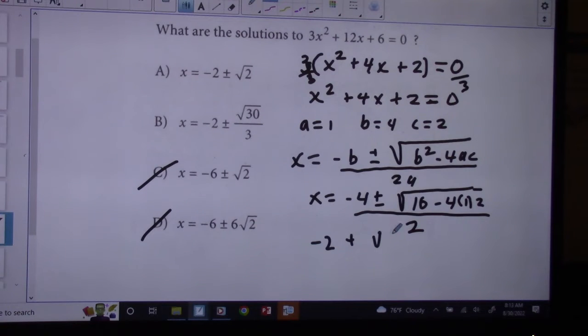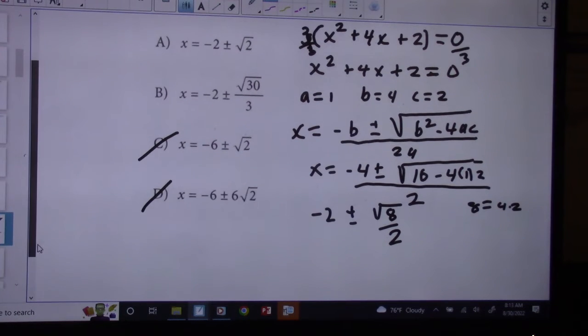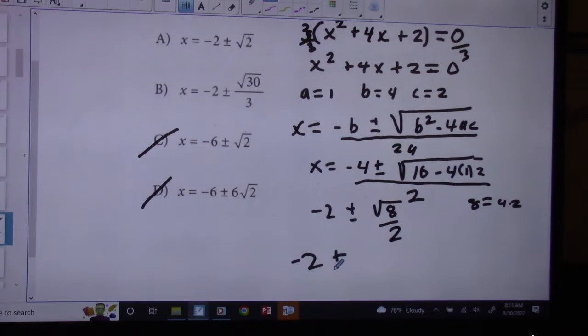What's 8? 8 is equal to 4 times 2, and so the square root of 4 is 2. So what you're going to have is negative 2 plus or minus the square root of 2. A. So A is your right answer for that.